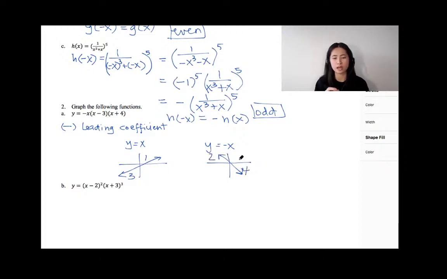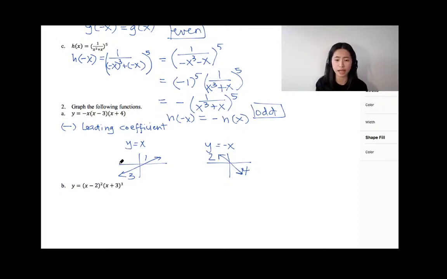Does that make sense? So the negative leading coefficient or the positive leading coefficient would determine whether your function is passing quadrant 1 and 3, if it's y is equal to x, versus quadrant 2 and 4 when it's a negative leading coefficient.